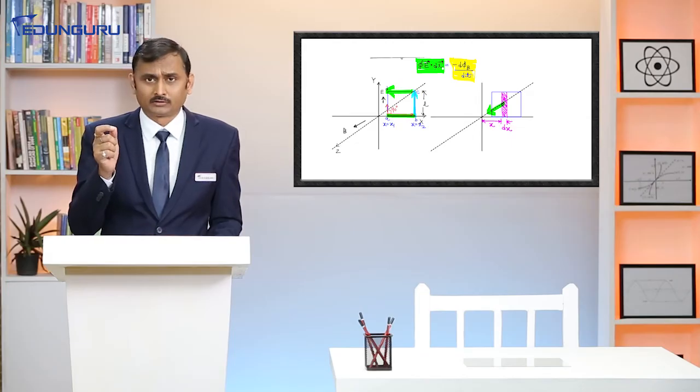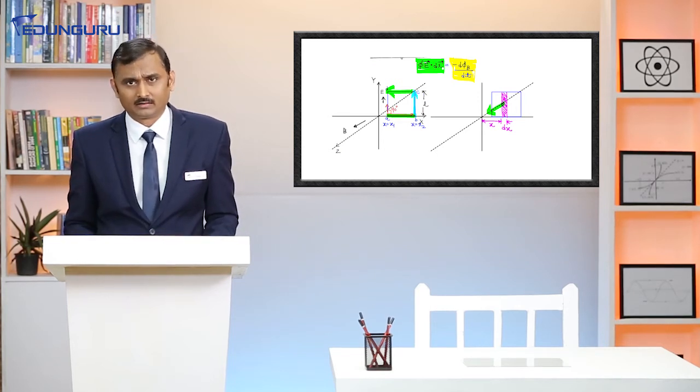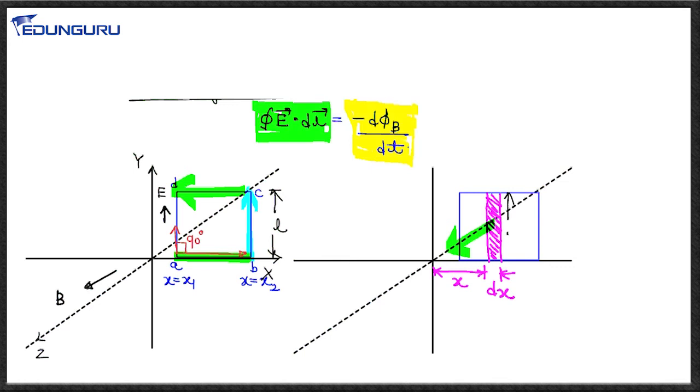The area vector of this small strip is parallel to the magnetic field vector, right? So, we know the length of this, it is L. So, the flux, we are calculating this, right? We are calculating flux phi b, the magnetic flux through this loop.